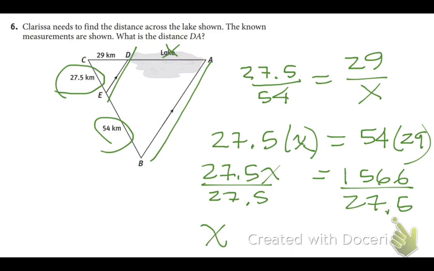And then, pardon me, X is about 56.9, and I think our units are kilometers. Okay, so we had to do a little rounding there. I actually got 56.9454545, and so that's about 56.9 or about 57 kilometers.